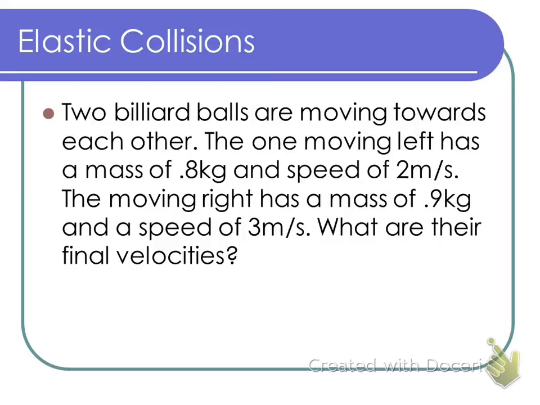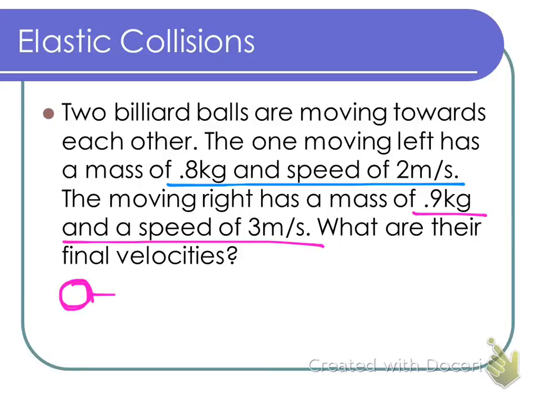All right. Refocus. Okay, two billiard balls are moving toward each other. The one moving left has a mass of 0.8 kilograms at a speed of 2 meters per second. The one moving right has a mass of 0.9 kilograms and a speed of 3 meters per second. So the one moving to the right, is that the positive direction or the negative direction?